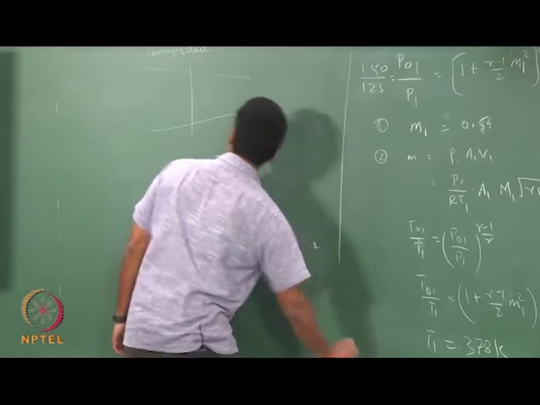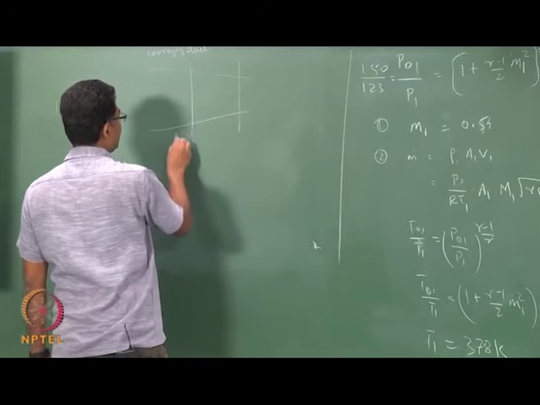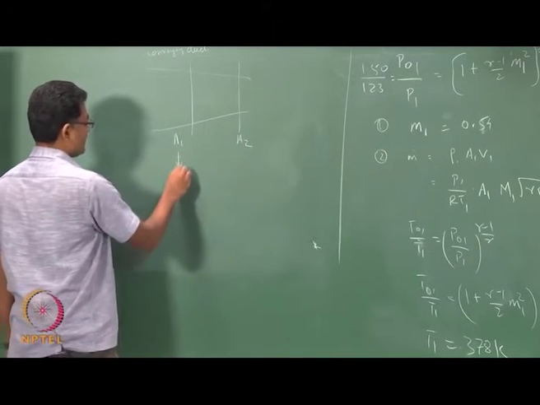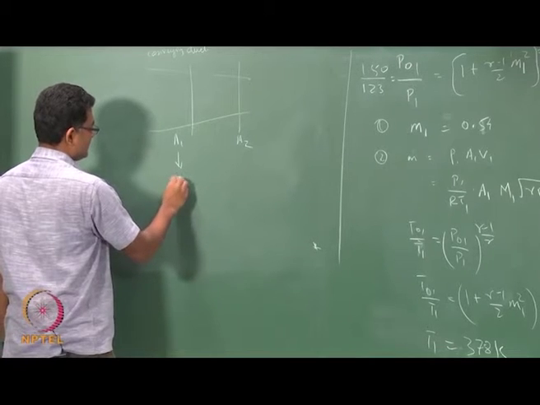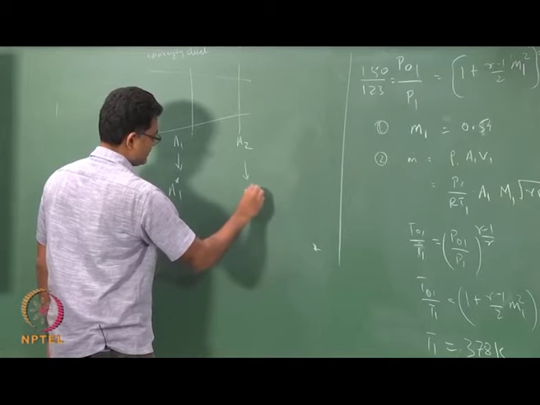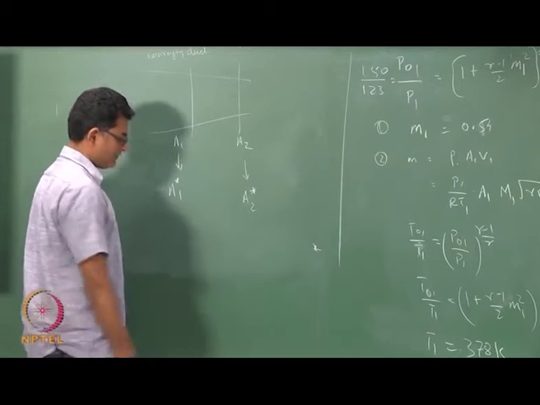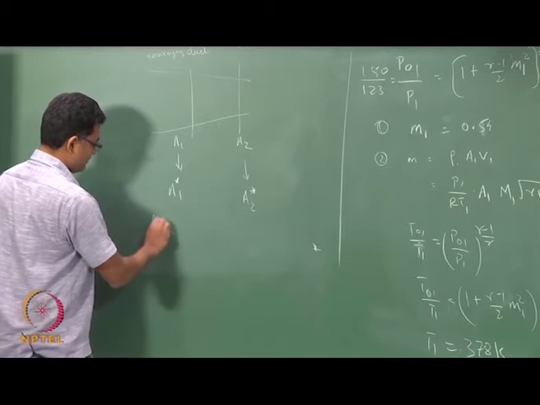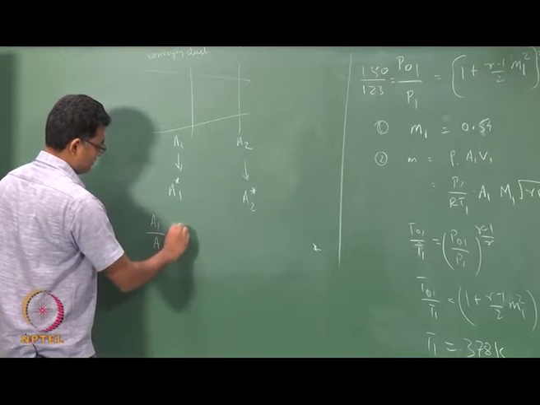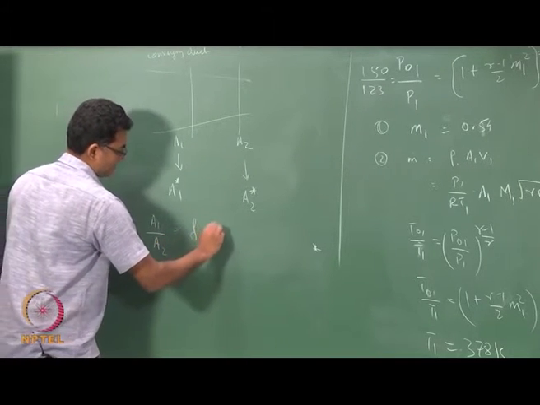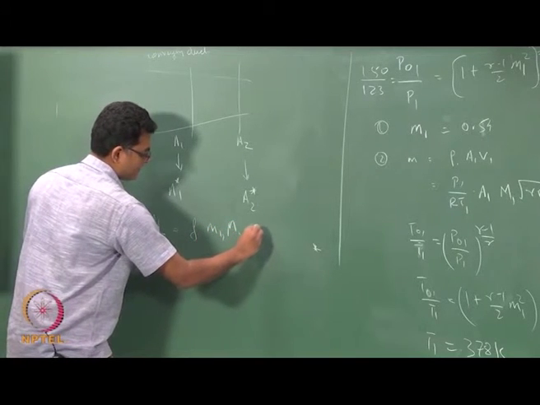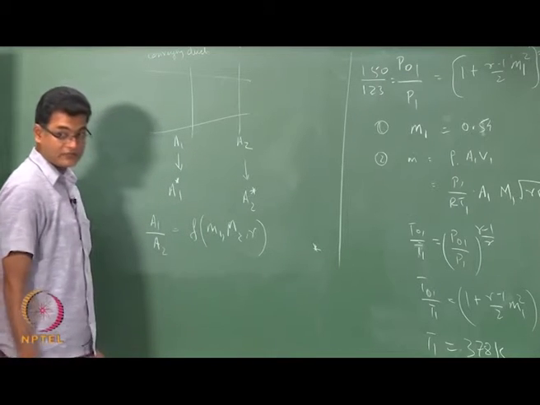So, I can modify the same problem. So, if I have A1, A2 here, I can have an associated star value here, I can have an associated star value here. So, A1 by A2 I have in Mach number 1 and Mach number 2, the relation which we have already derived.